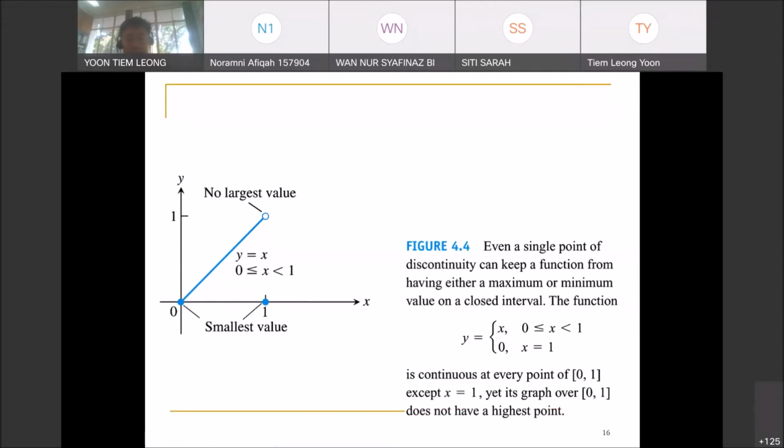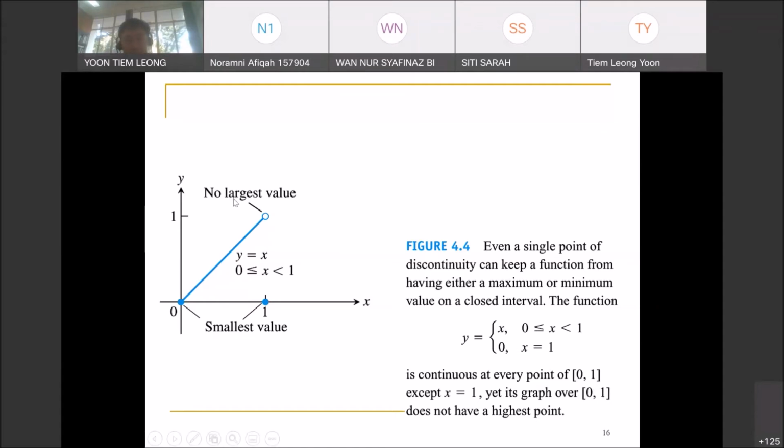So within the interval of 0 and 1, inclusive of 1, within this closed interval, you couldn't have an absolute maximum. There's no guarantee you have an absolute maximum for this particular example because theorem 1 does not apply. Theorem 1 only applies if a function is continuous, and since this is not a continuous function within the closed interval of 0 and 1, there's no guarantee you could have an absolute maximum.